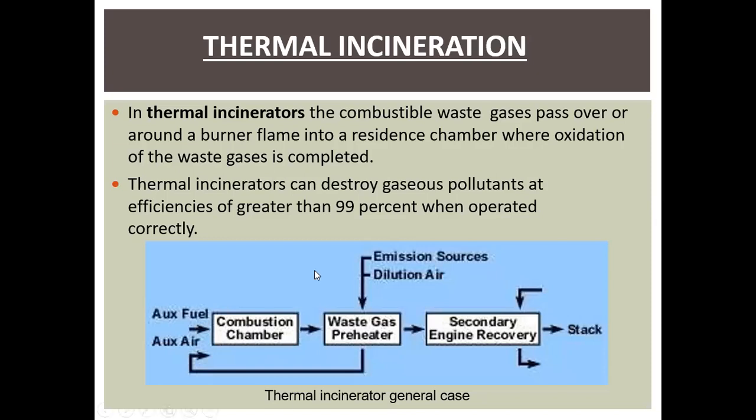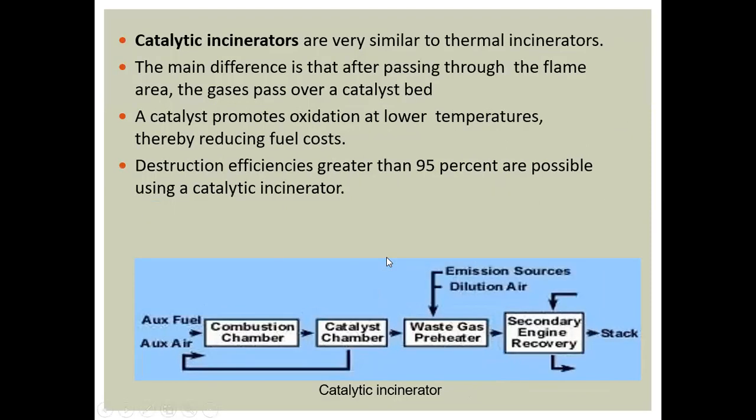First, oxygen or air enters the combustion chamber, then it enters the waste gas preheater, right? Then it enters the secondary recovery, and that is the whole process of this thermal incinerator.